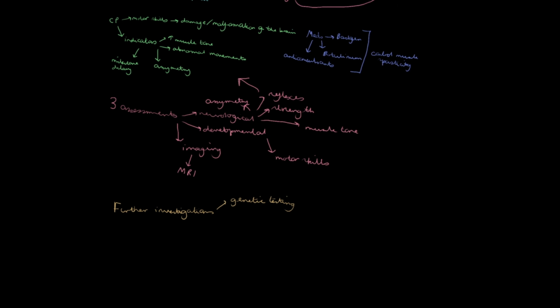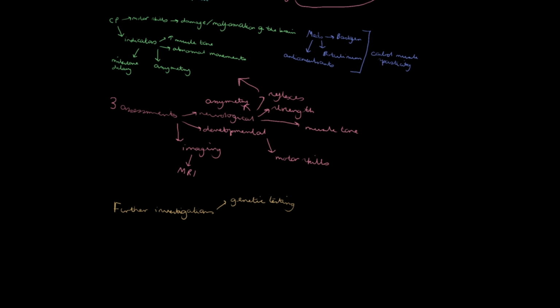The next assessment you would carry out is a developmental assessment, so assessing the child's developmental milestones, and again, any abnormalities on that would contribute to a suspicion of cerebral palsy. And in this case, the parents have already reported that there is indeed a delay in the child's motor skills. Now, the final assessment you can do is imaging.